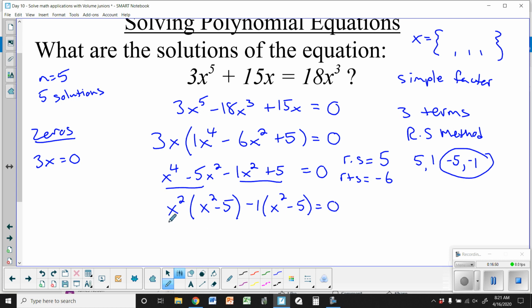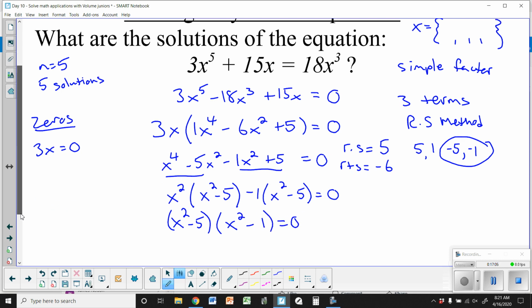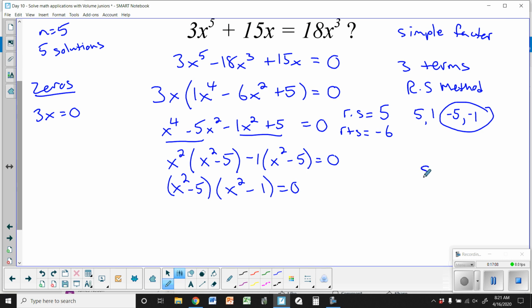All right, now we can take out an x squared minus 5. I see 2 terms, x squared. Is 5 a perfect square? That's right, it's not. All right, I have another x squared. Is 1 a perfect square? And we're like, yes, that is a perfect square. So we can rewrite that one. So again, we have one special case.